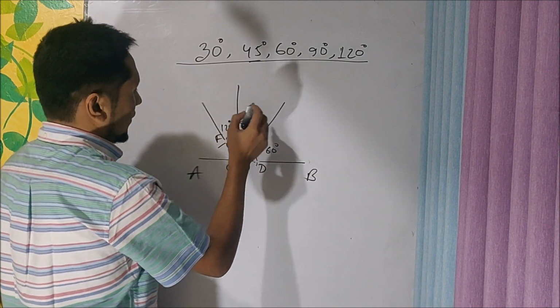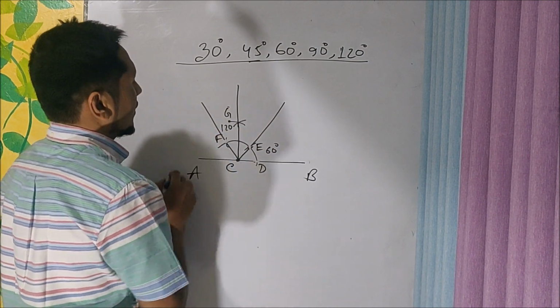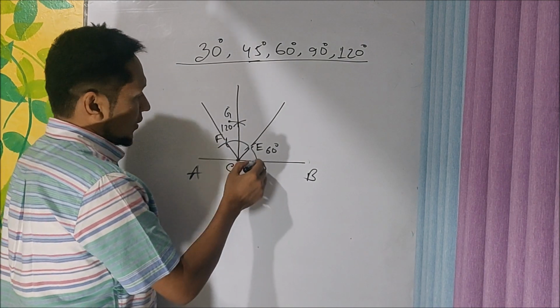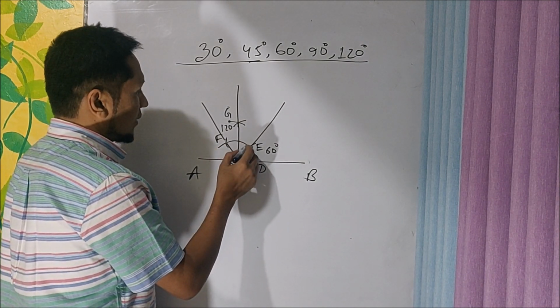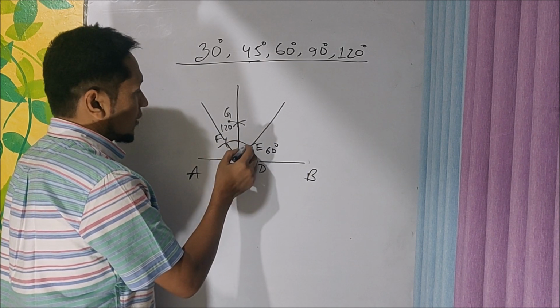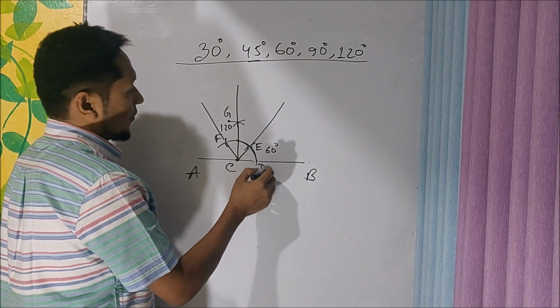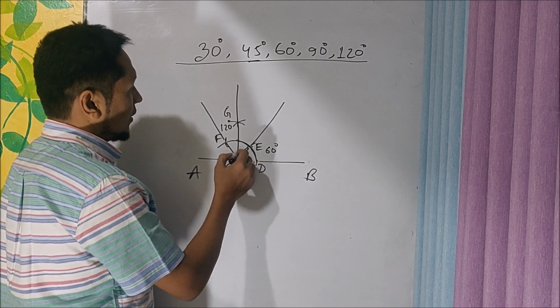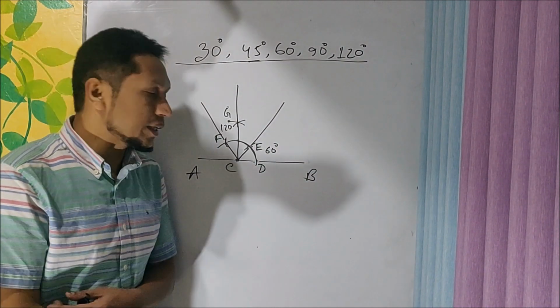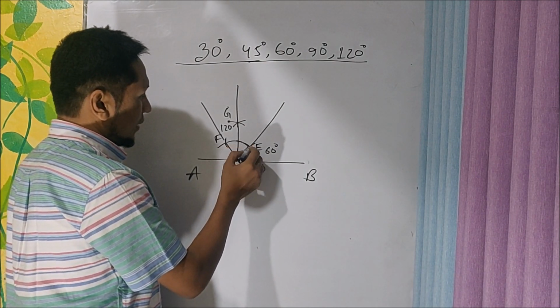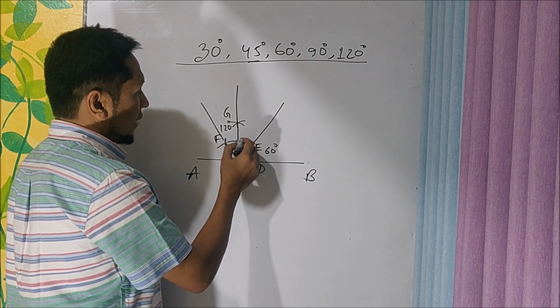Let CG be the bisector of EF, and you see this is 60 and this is also 60. So this is 30, this is 30, and the total is 90. That is, DCG angle will make a 90 degree angle. So this is 90, and this is also 30.